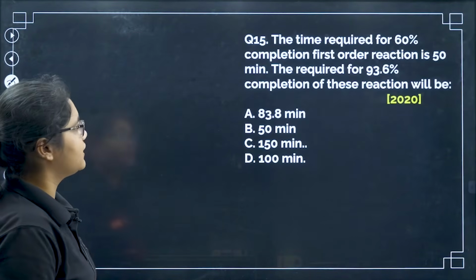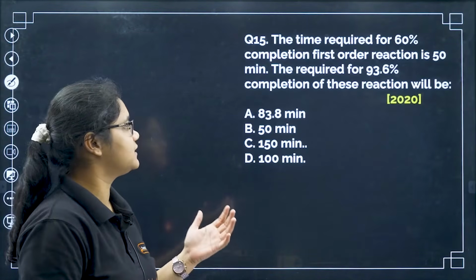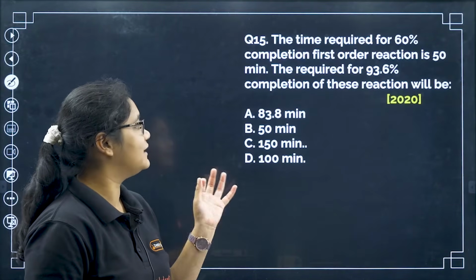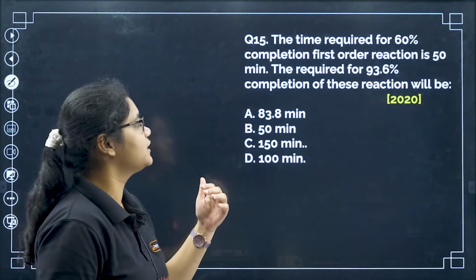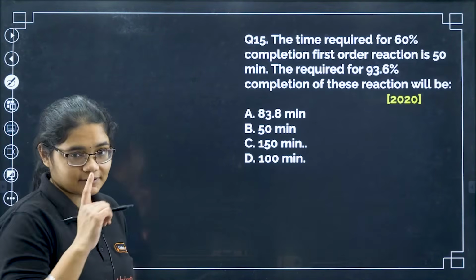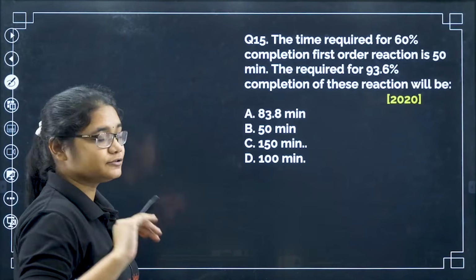Next, question number 15. The time required for 60% completion of a first order reaction is 50 minutes. The time required for 93.6% completion of this reaction will be. Okay, so time required for 60%. That means 60% of the reaction is completed.